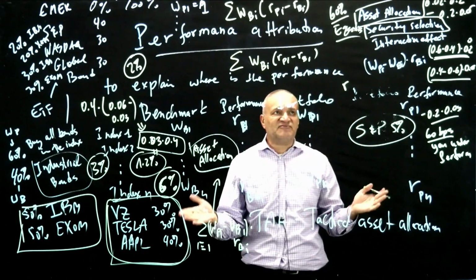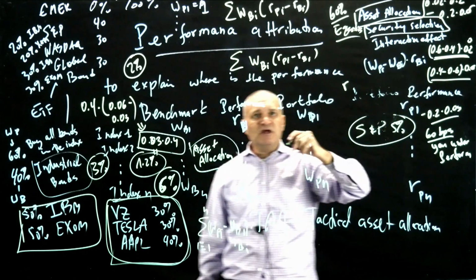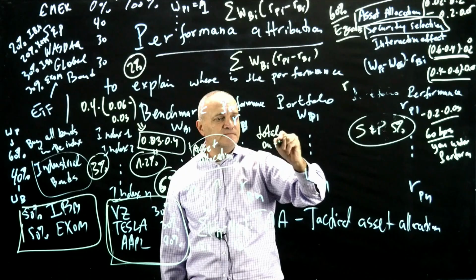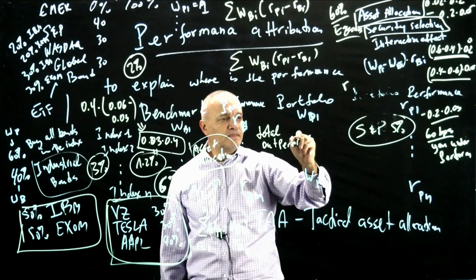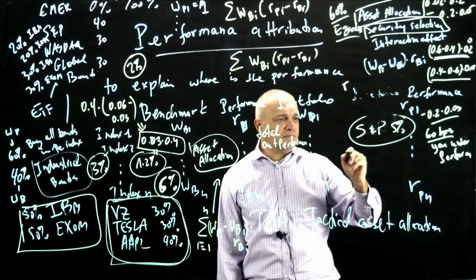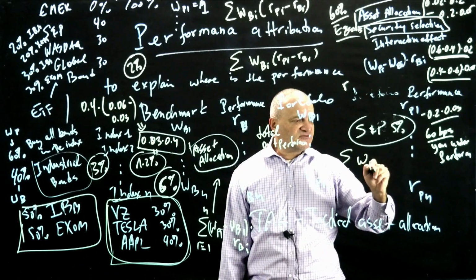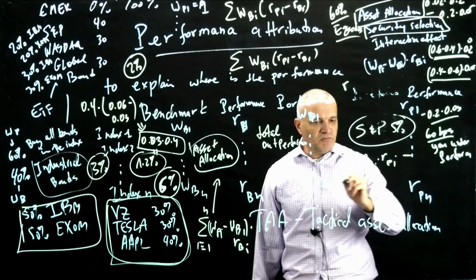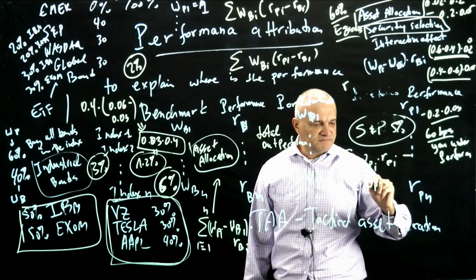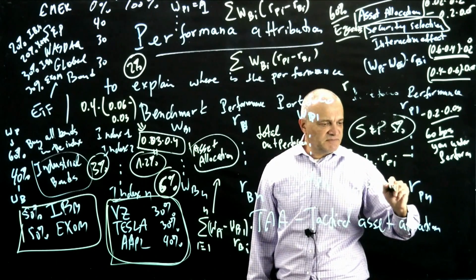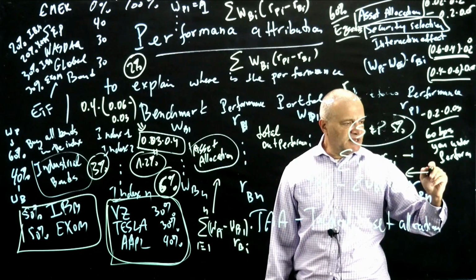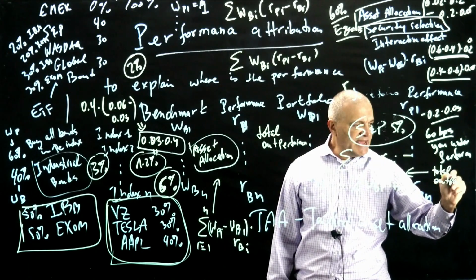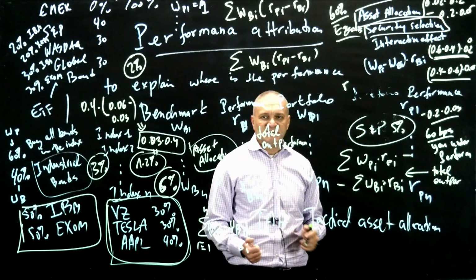Now, whatever is left is called interaction effect. The total outperformance is given by the weights of the portfolio times the returns of the portfolio minus the weights of the benchmark times the return of the benchmark. This is your total outperformance, or what we call active outperformance or underperformance.